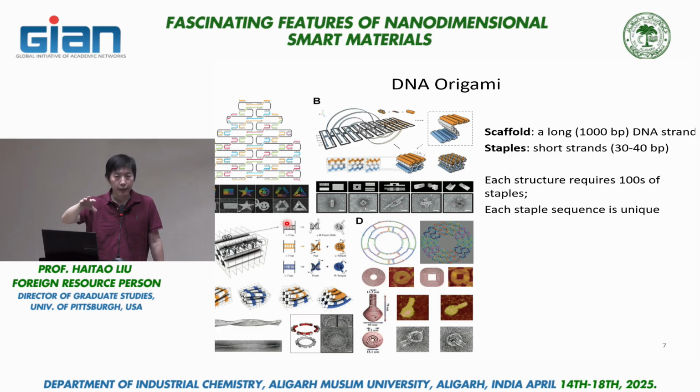If the structure got stuck, it can always go back and find another pathway to eventually go to the end. So it doesn't happen in every case that you will produce high yield, but Rothemund's original approach is very easy to reproduce. My lab has no experience of DNA nanotechnology. When we started doing this, we reproduced their work in our second try.